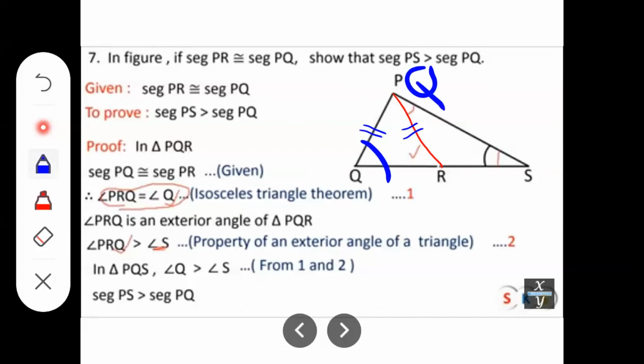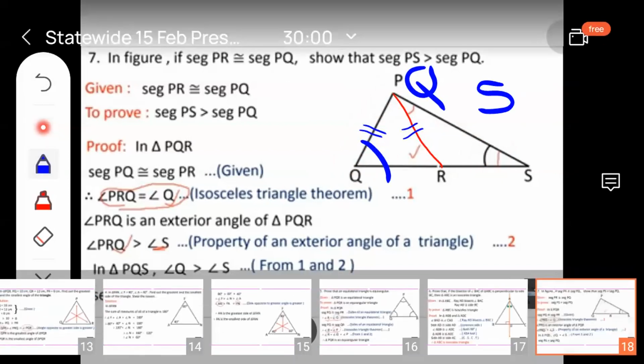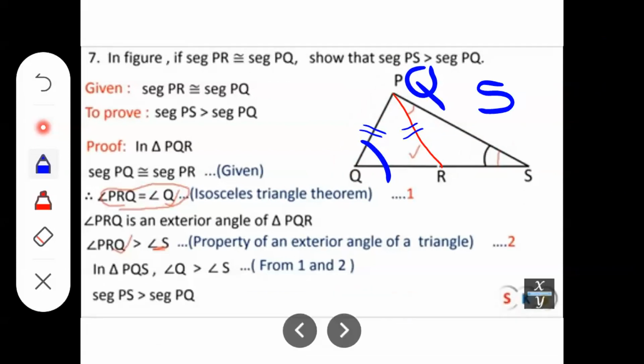And segment PQ. PQ is here. And the angle opposite to this side is S. So S. And the symbol here is greater than.